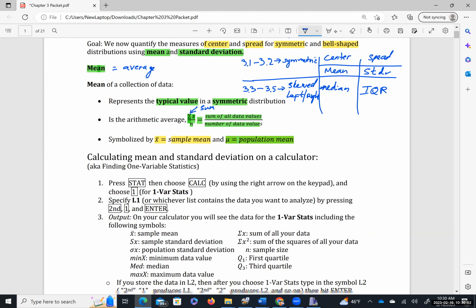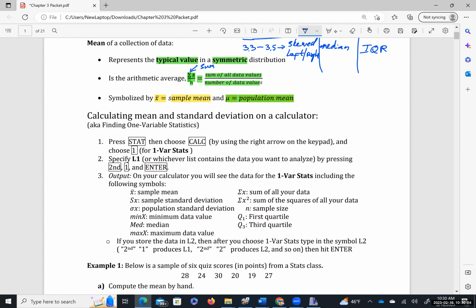All right, so let's start with some technology, using calculators for finding mean and standard deviation. I specifically will say the TI 83 or TI 84 is going to be the best, but I only have software for the TI 83 over here.